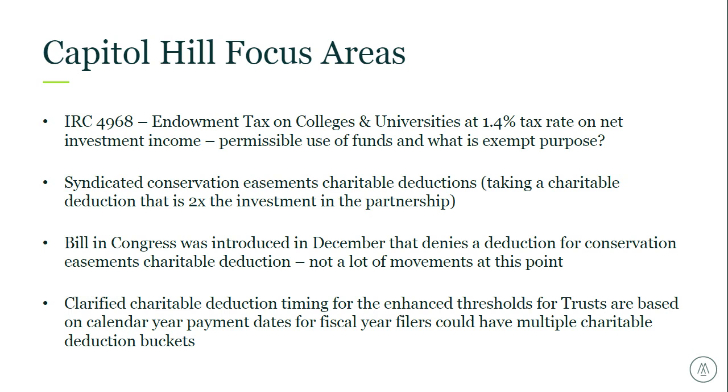And so if the payments are during the calendar year, you might have a situation where for a fiscal year filer, you may have 2 different rates that you might need to use on the tax return. So they've clarified that it's based upon calendar year payment dates versus the tax year that you're filing as a fiscal filer. So keep that in mind.